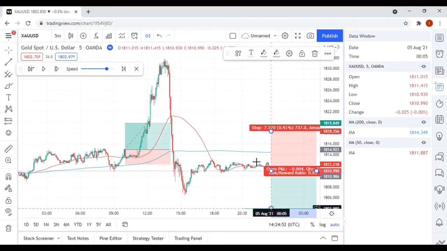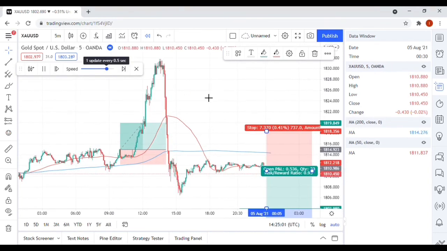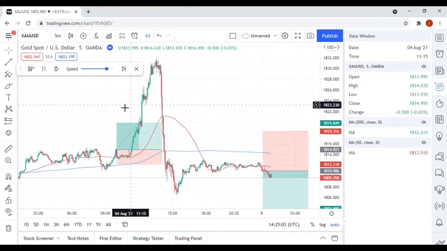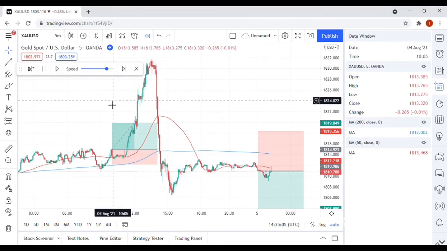Okay, cool. Let's press play and see what's going to happen with price action at this point. It's moving. Let's just wait. It's moving. Let me just turn up the speed a little.